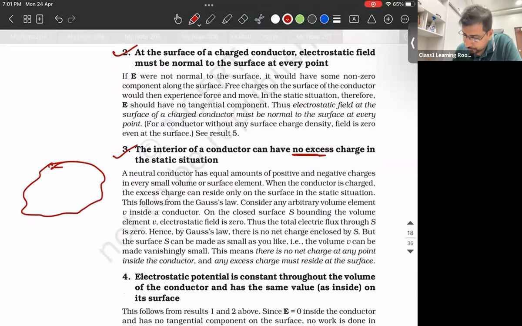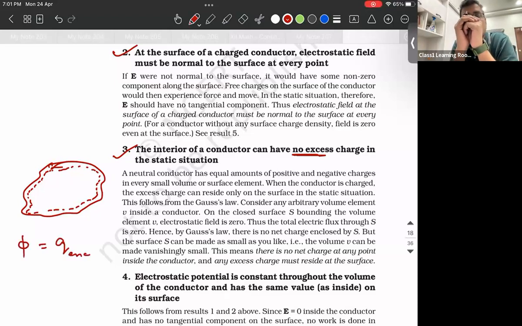It's because if you consider a Gaussian surface just inside the conductor, then what does Gauss law state? The net electric flux is equal to the total charge enclosed by the surface.